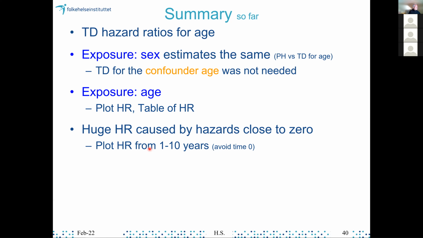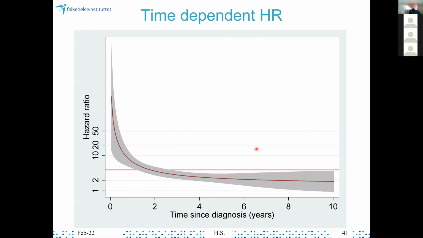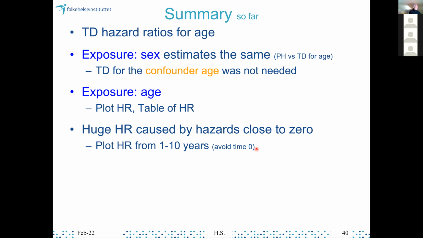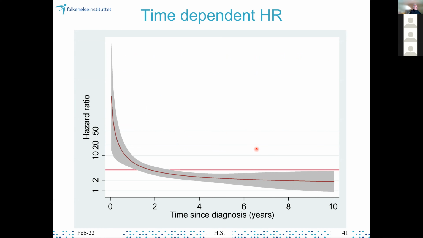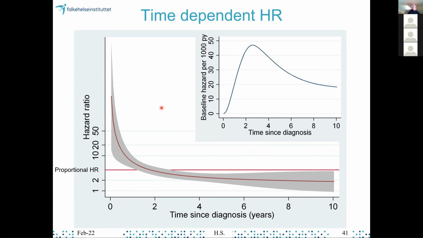We can do a plot of a restricted time from 1 to 10 years, avoiding time 0. And that's what we decided. So this is just to remind you of the result. These very high values over here were the result of the baseline hazard being close to 0 over here.